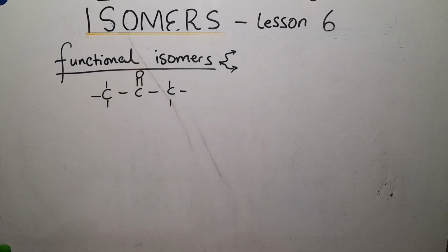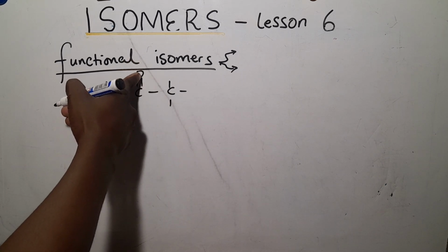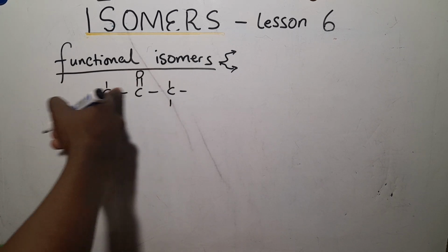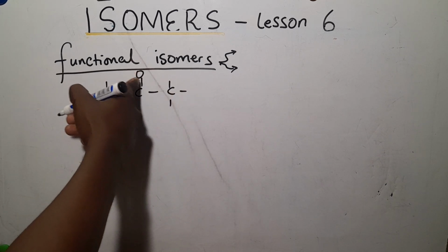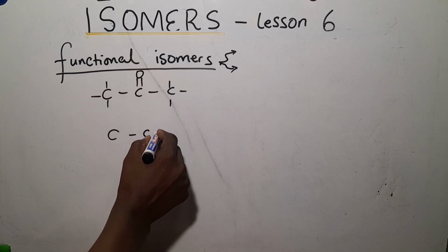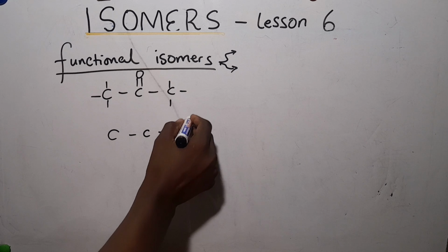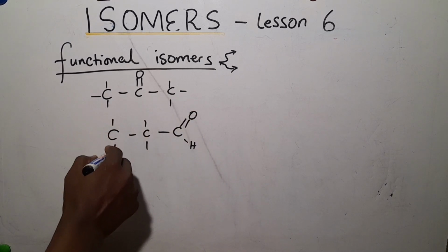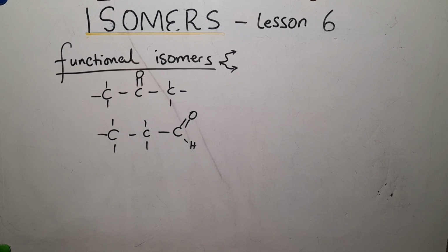Like that. But now check what happens if we move this O to the end of the chain. This is a ketone, but when this O moves to the end of the chain, this becomes a different type of molecule. This is no longer a ketone. This is now an aldehyde.